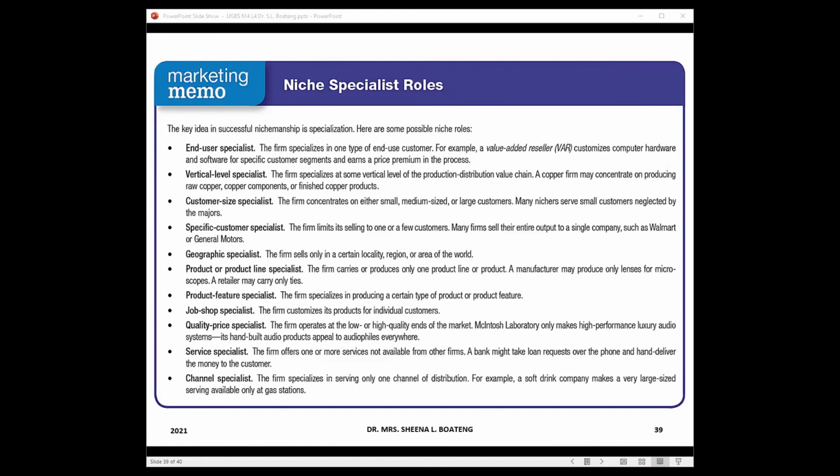And then finally, we can talk about channel specialists, right? This is where the firm specializes in serving only one channel of distribution. For instance, the person could specialize in just doing wholesale or just retail. We see this happening a lot with those who deal in drinks and beverages.